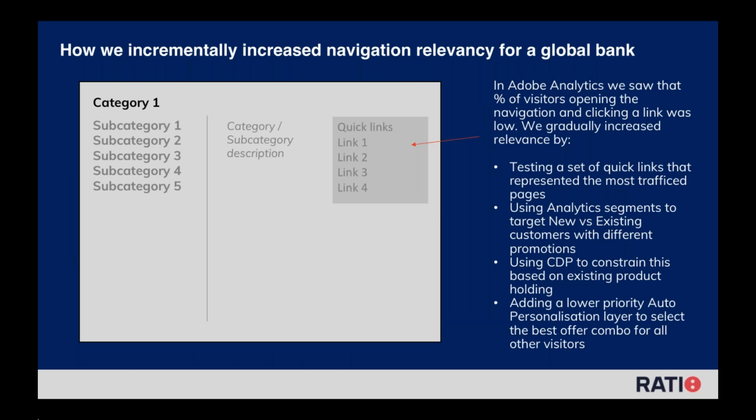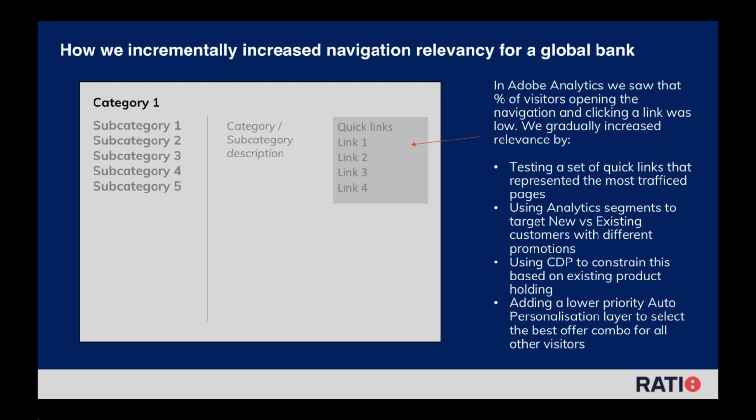Another way in which Adobe Target has been particularly powerful for us in creating a more relevant experience is with a global bank that we've been working with to leverage this product. So just to set the scene a little bit, we conducted analysis in Adobe Analytics around the navigation menu behavior of users on that bank's website. And this visual representation is my attempt to reflect in an anonymous way what that navigation more or less looked like.